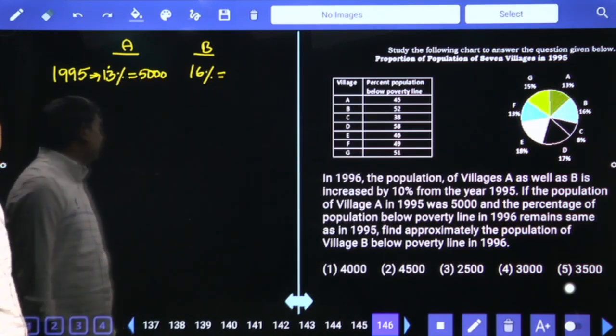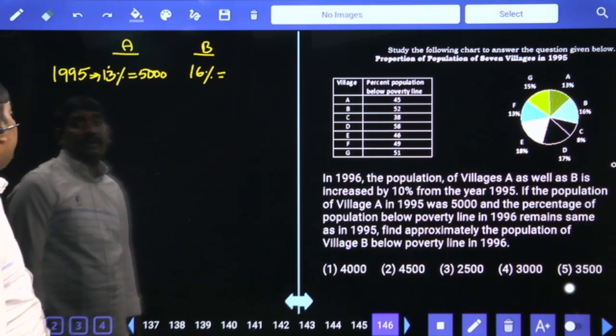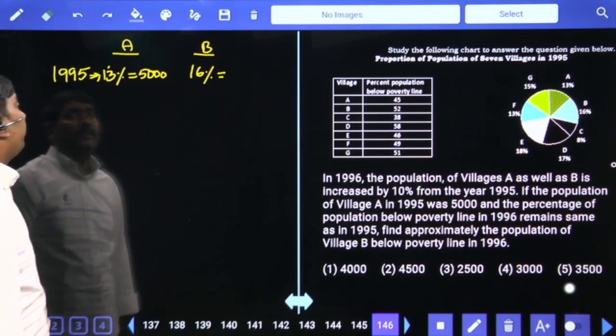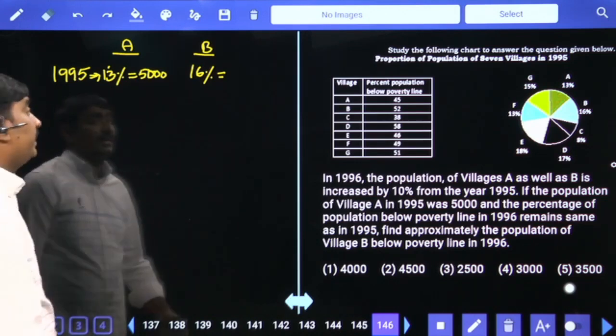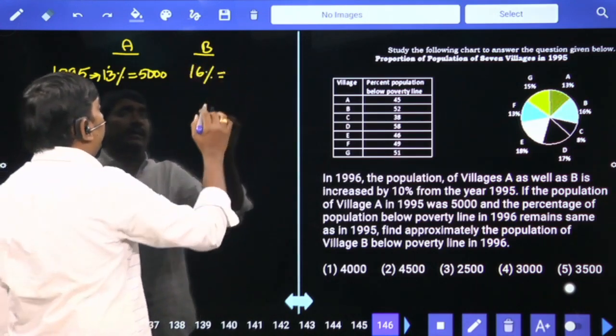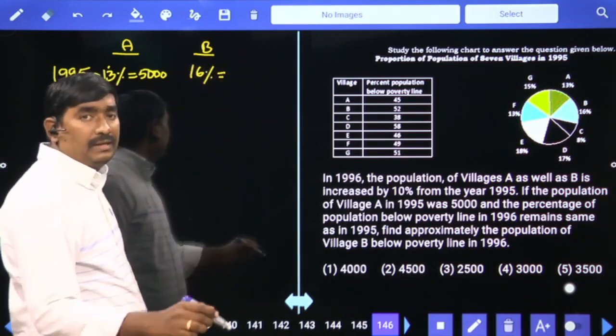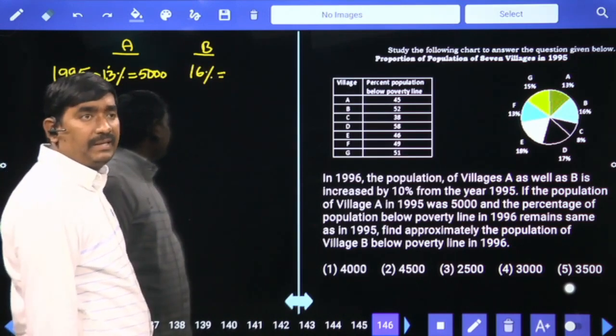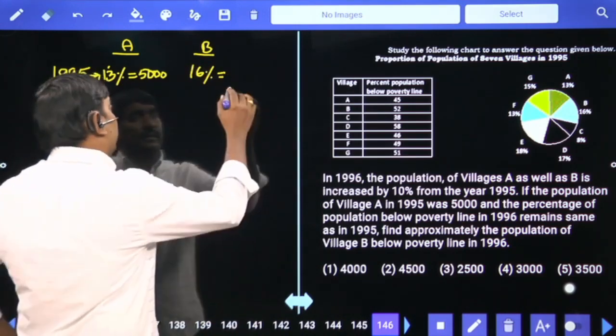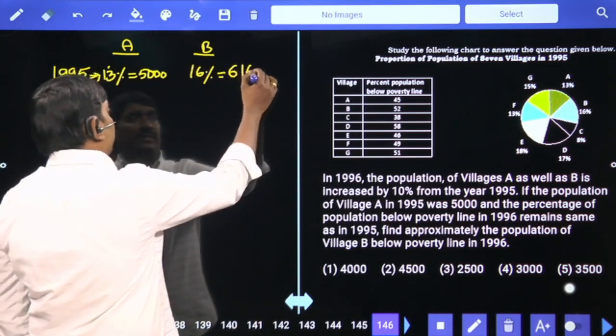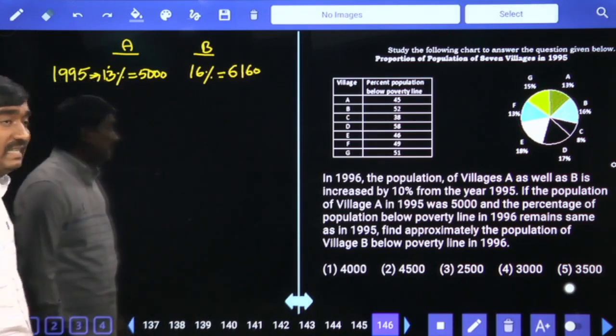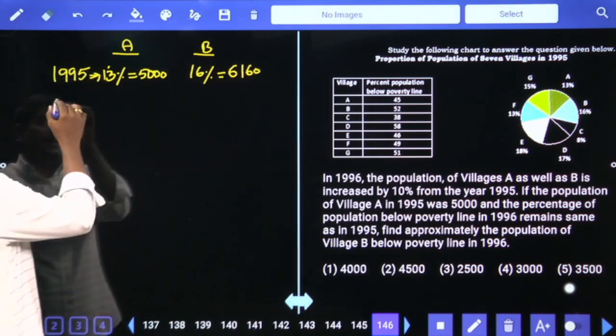So approximately 6,400 minus 240 less, 6,160 approximately, not exactly. That is in 1995.